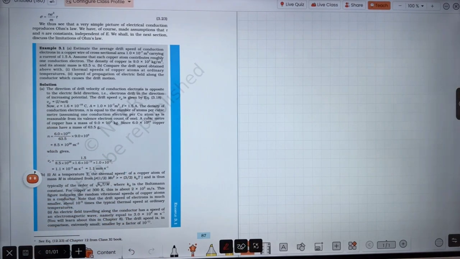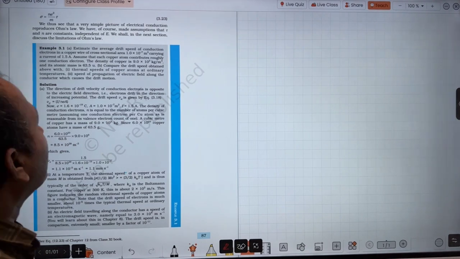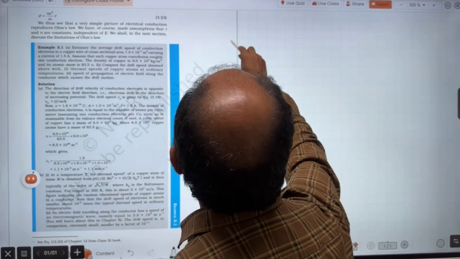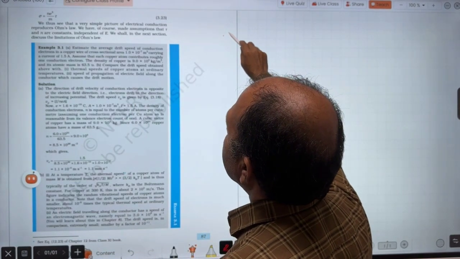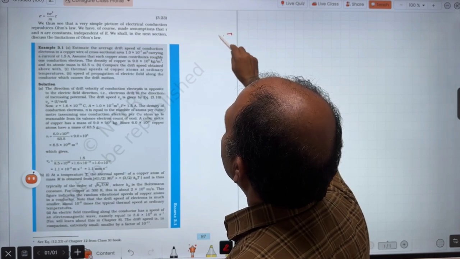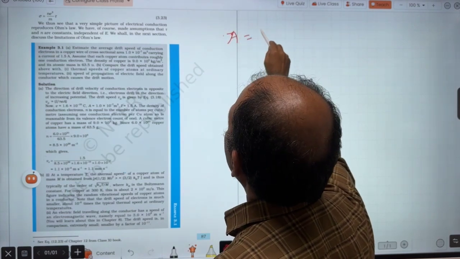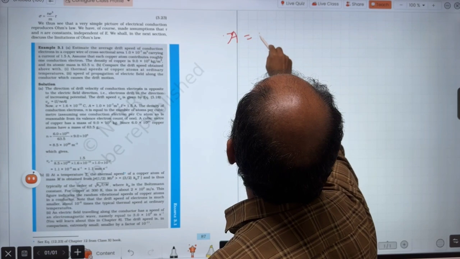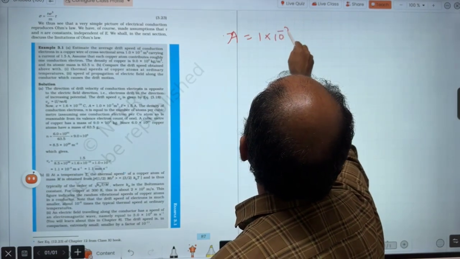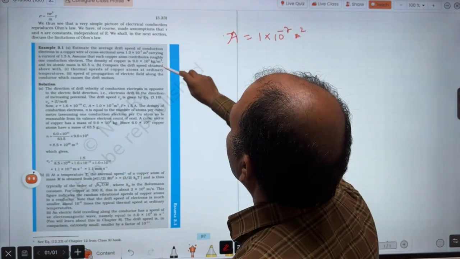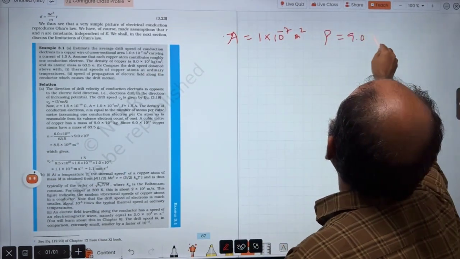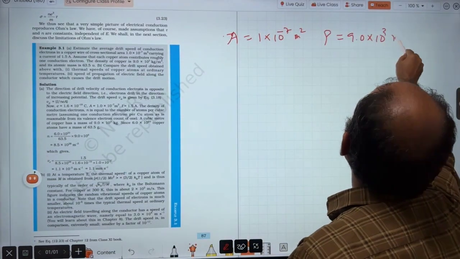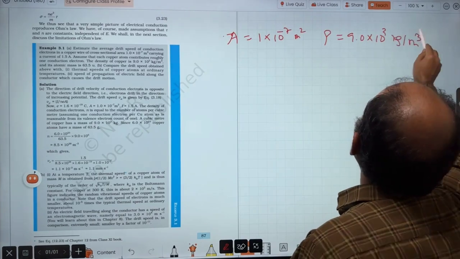First of all, we can write what information is given, and then we can calculate the number density, that is the number of electrons in a given volume. The area of cross section is given as 1 into 10 to the power minus 7 meter square, and the density of copper is given as 9.0 into 10 power 3 kg per meter cube.